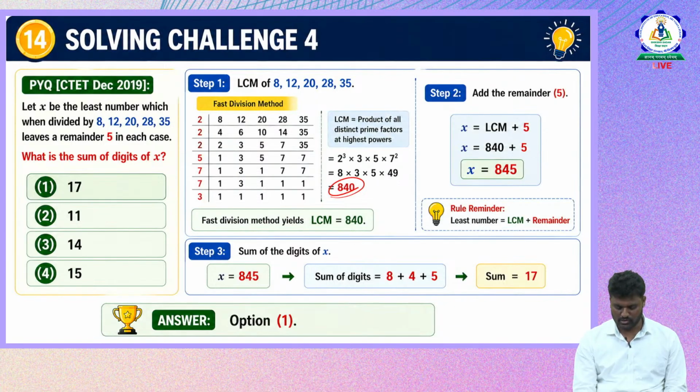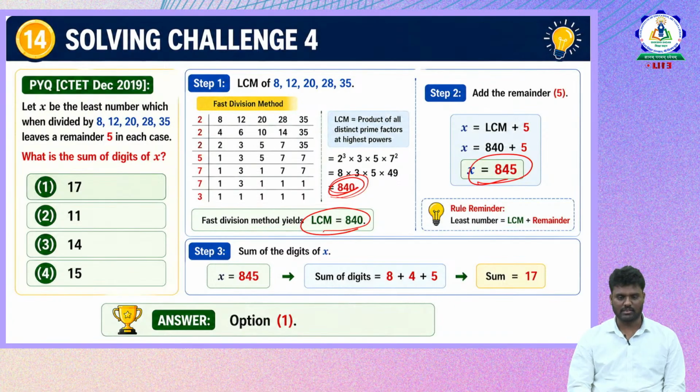The final LCM is 840. Now once we get the LCM 840, we add the 5, so the total is 845. The least number is equal to LCM plus the remainder.